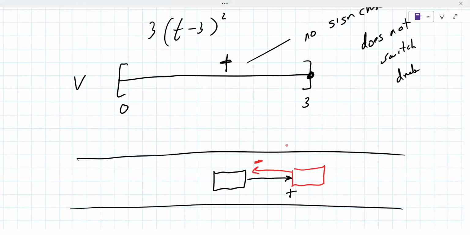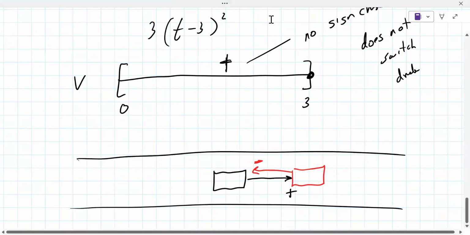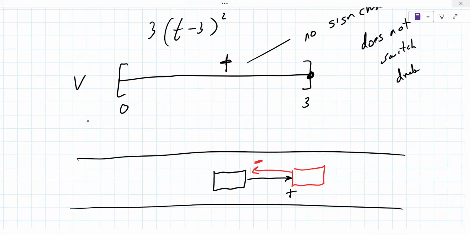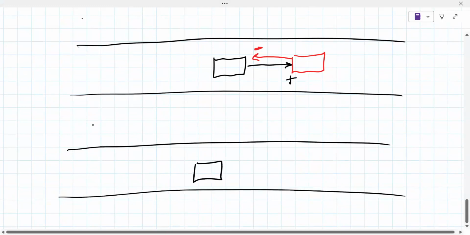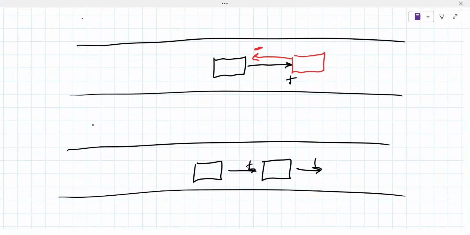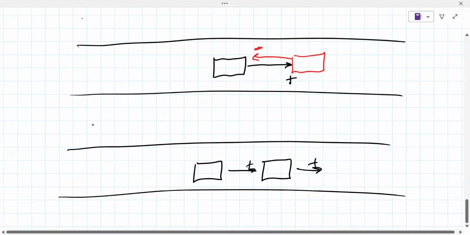Have you changed directions? You have. Well, let's say in the same scenario, again, long driveway here, here's your car. You go to the right, and then you go to the right again. Have you changed directions? No. So you're looking for these sign changes in the derivative, and you don't have any.